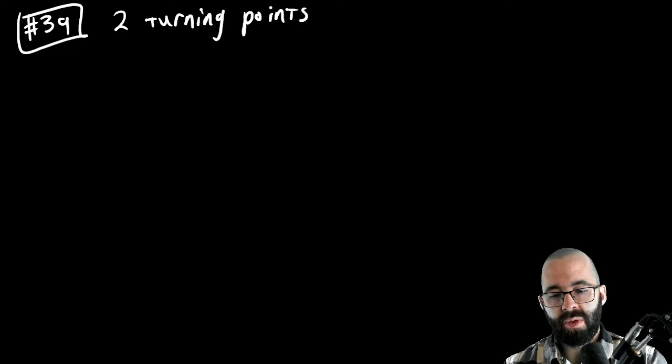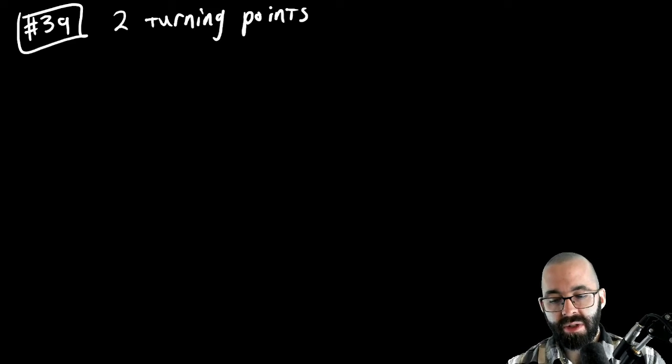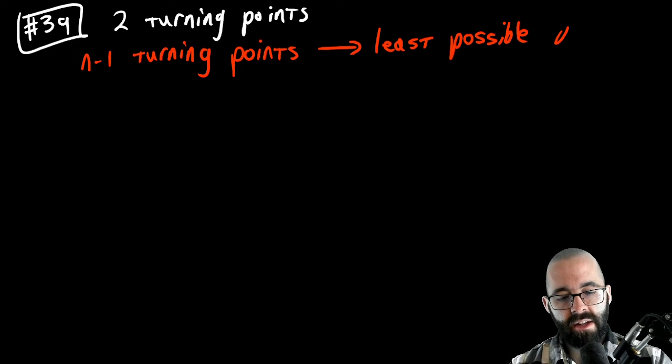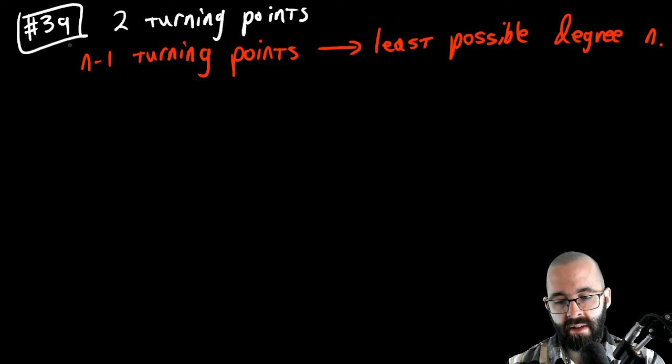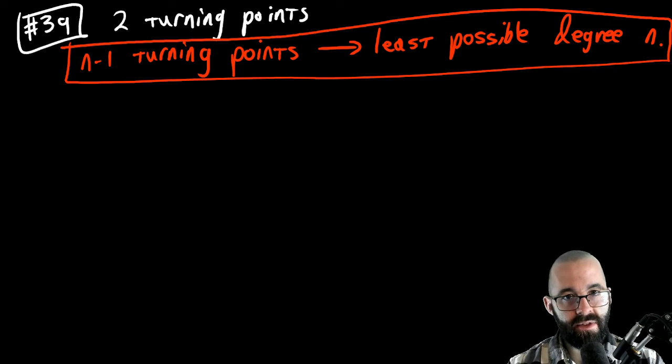So what's the relationship between turning points and degree? Well, if degree n, that means at most n minus 1 turning points. So the least possible degree, if there are n minus 1 turning points, is n. This is a rephrasing of the property on the last page. Very useful.